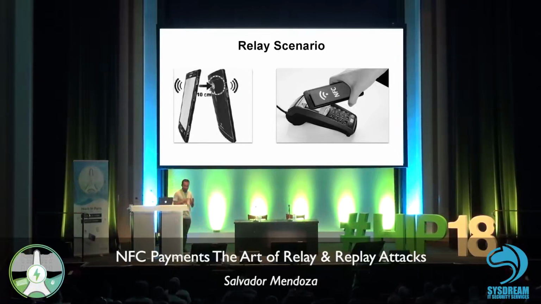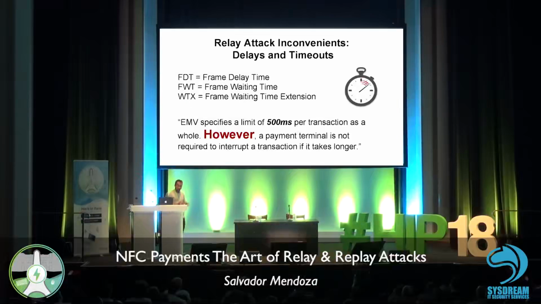If we talk about the 10 centimeters between the two devices, how can we expand that? To expand it, we need devices that work very quickly and handle a lot of communication. In this case, we use SDR. Some of the inconveniences of this attack are the delays and the waiting time between transactions. EMV specifies 500 milliseconds per transaction, but that doesn't mean the terminal is going to finish the transaction after that time.